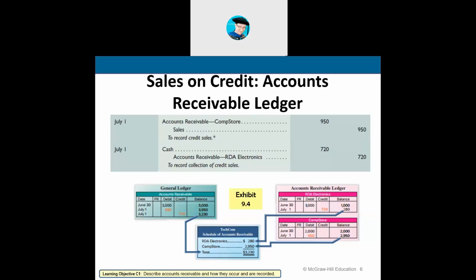Make sense? It just kind of shows you graphically, right? Professor, the accounts receivable ledger, those are the subsidiary, right? Yeah, on the right side, those are subsidiary accounts. That's correct. Individual accounts. You got it exactly. Very good. Awesome. Wonderful.